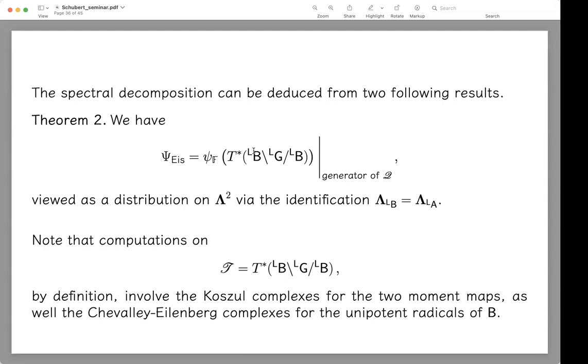And the stack is not anything scary. It's T star, and you have a quotient on two sides, which means, what does it mean to have a T star of a quotient? It means you have some kind of Koszul complex for the moment map, and when you take the quotient by B on two sides, there will be first some Chevalley-Eilenberg complex for the unipotent radical of B, and then we take invariants with respect to the torus.